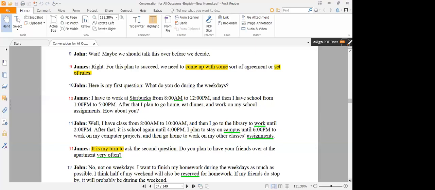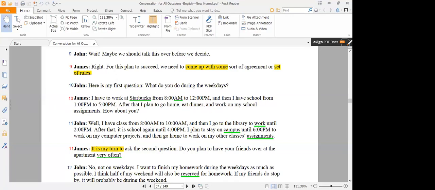How about you? Well, I have class from 8 a.m. to 10 a.m. and then I go to the library to work until 2 p.m. After that, it is school again until 4 p.m. I plan to stay on campus until 6 p.m. to work on my computer projects and then go home to work on my other classes' assignments.